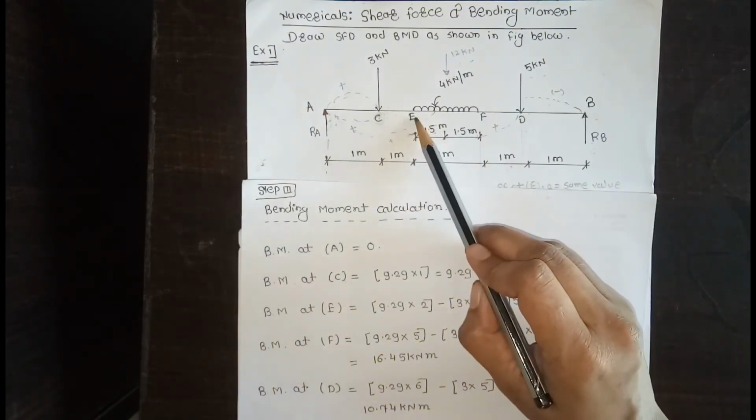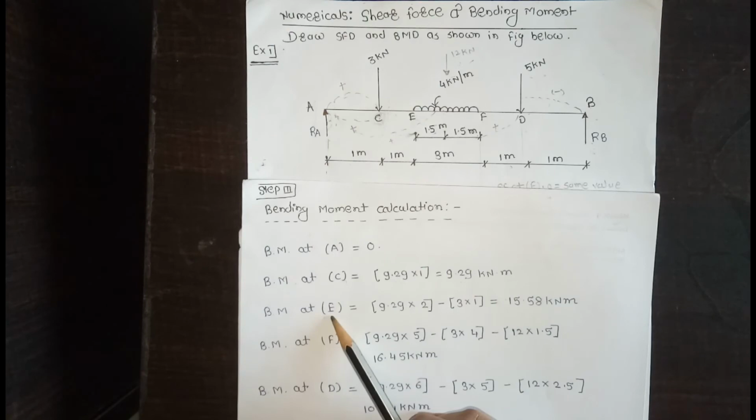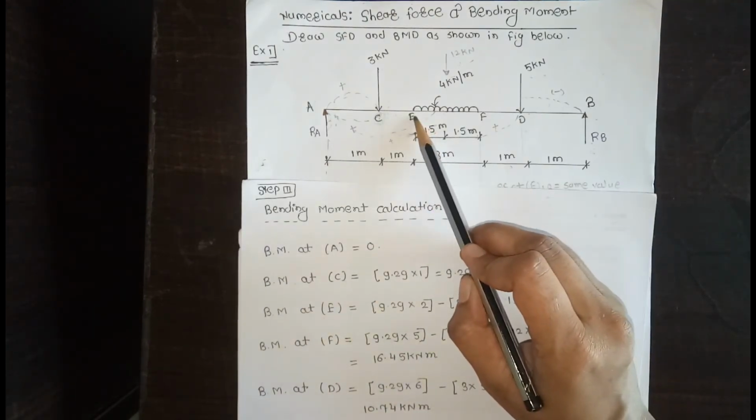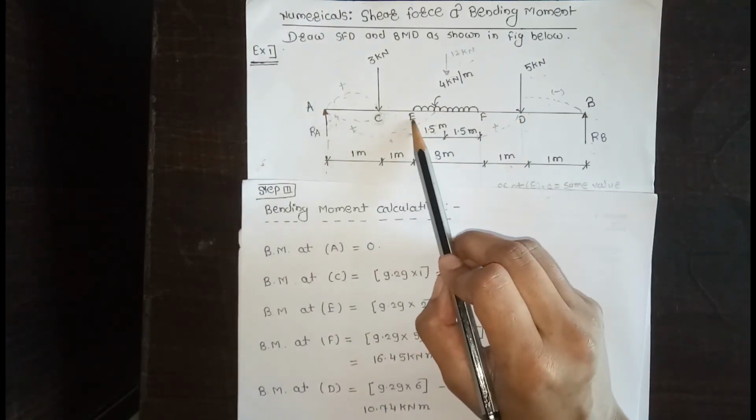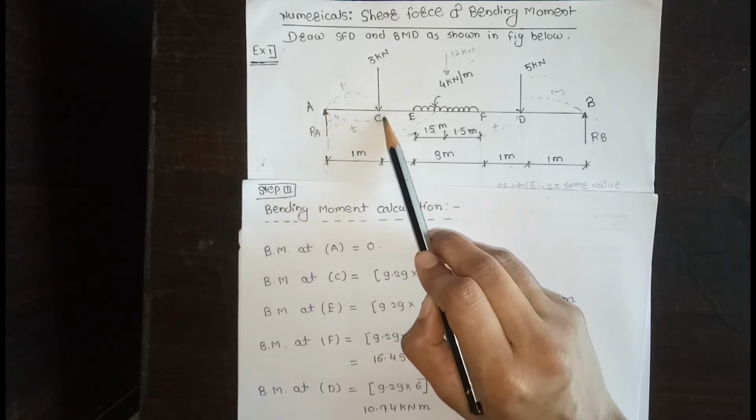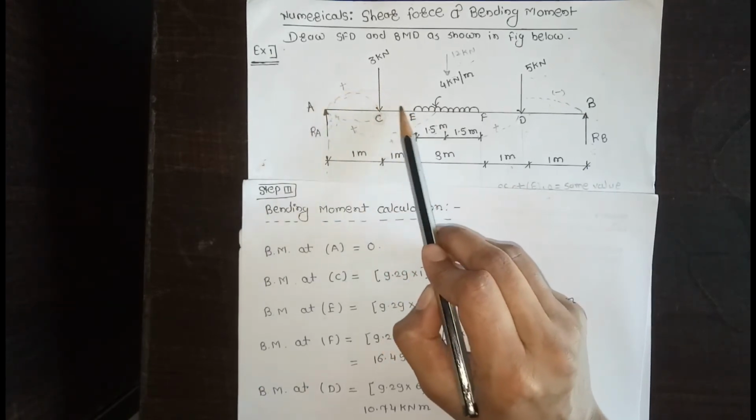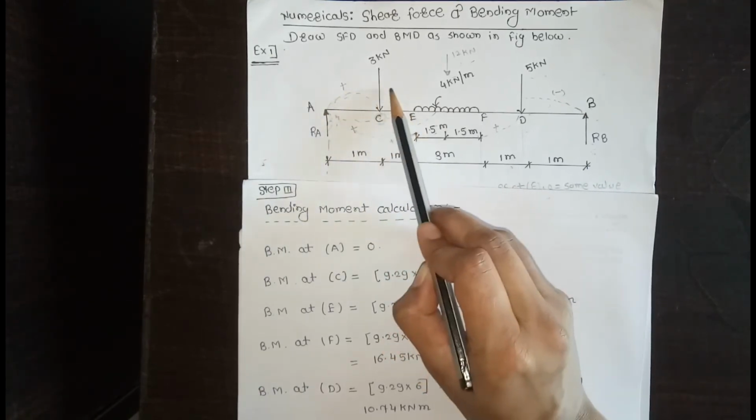The next, bending moment at point E. How many forces act in the left section from point E? 1, 2. The first force is clockwise and the second force is anti-clockwise.